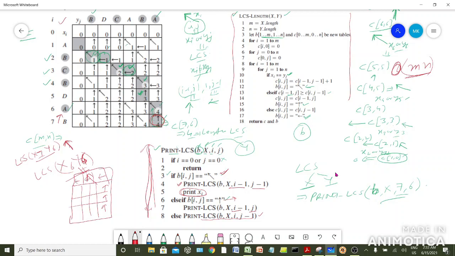So this may be the possible case. If this is the case, then we have m rows and n columns. So the complexity for the worst case of the print algorithm is going to be m plus n. So this is the complexity analysis for your longest common subsequence problem. That's it.